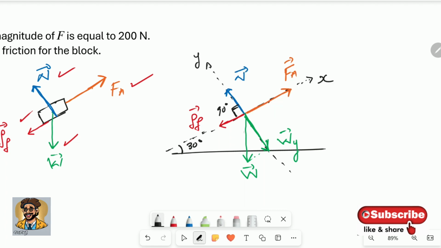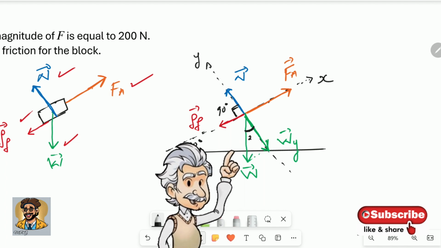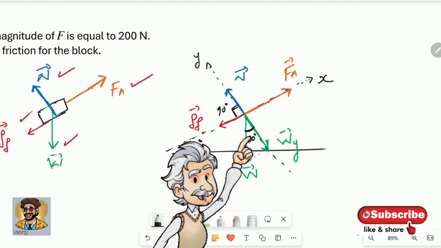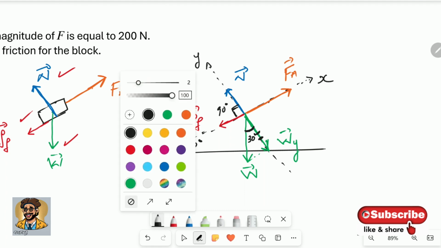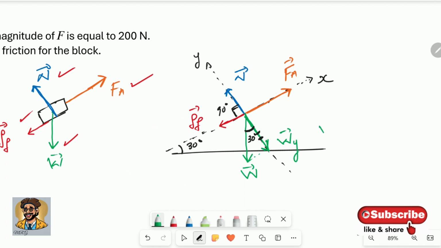That angle is this angle here. That one is 30 degrees. Okay? So saying that, the adjacent side here is the weight in the y-axis. Did you understand? Therefore, if you come here and you want to calculate the component in y, the component in the y-axis is equal to weight multiplied by cosine of theta, because it's the adjacent side. This one is weight cosine of theta, which in this case is 30 degrees.